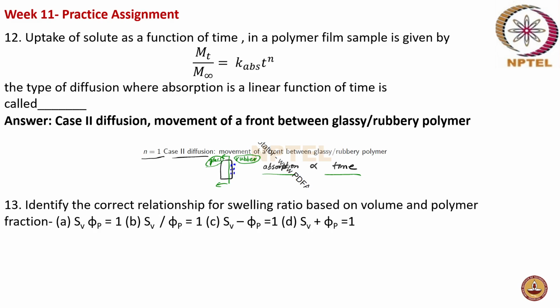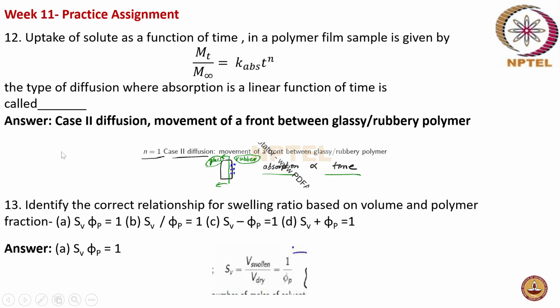Which of these is the correct relation? The swelling ratio based on volume is the volume of swollen polymer by the volume of the dried polymer. The correct answer is Sv into phi p equals 1.